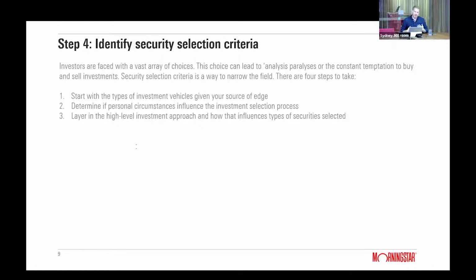So what we want to do is go through 3 different steps of the process. The first is looking at your sources of edge and how you're actually going to take advantage of that edge. It's kind of the simple example I gave that it's easy to sit there and say active versus passive. What are you going to do? Well, active can be you actively going out doing things.